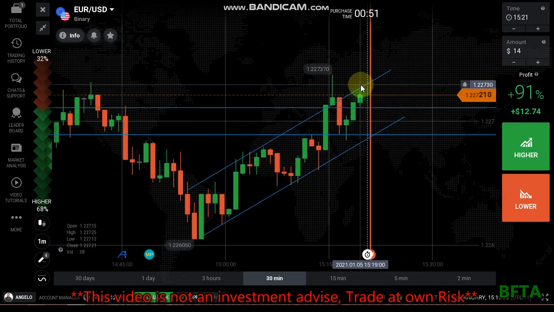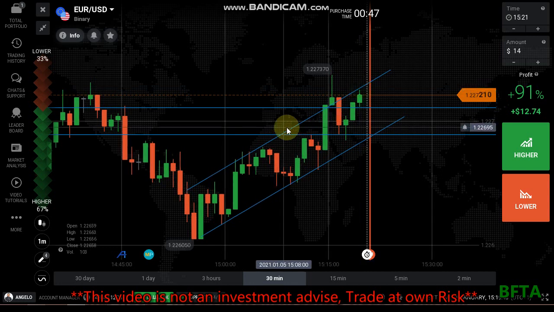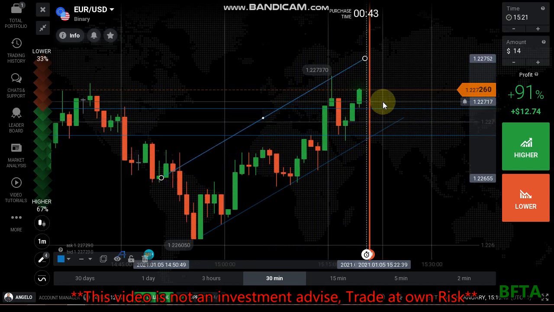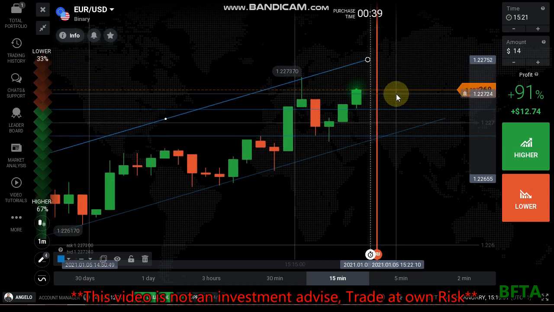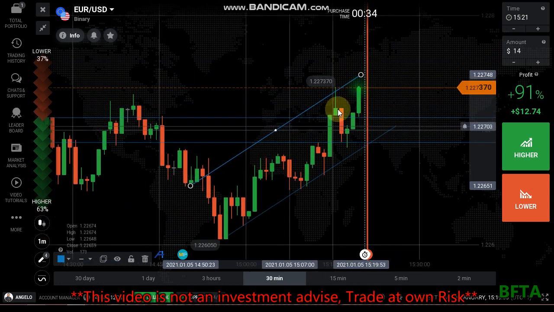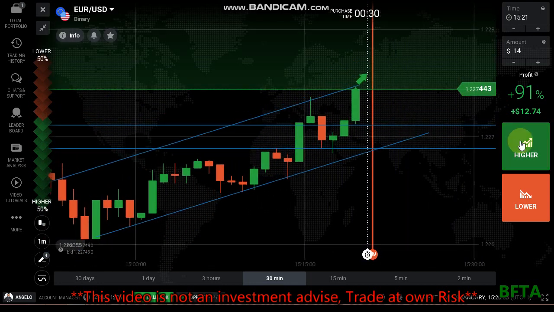Okay, so you see this is now the trend line. Still some gap, so buyers are going to continue to this level. Strong bullish candle.